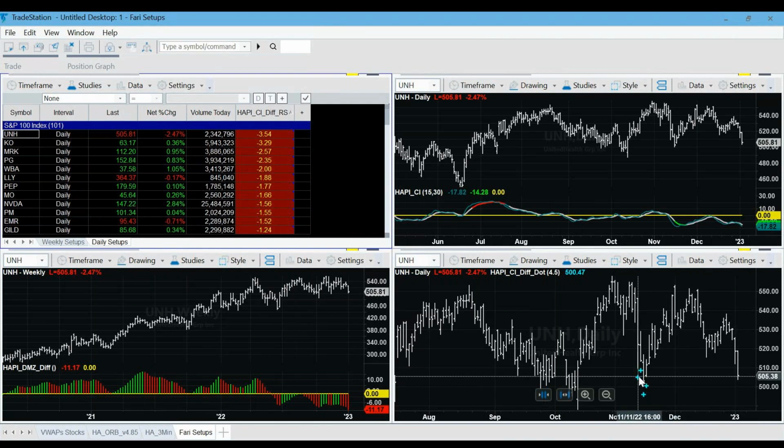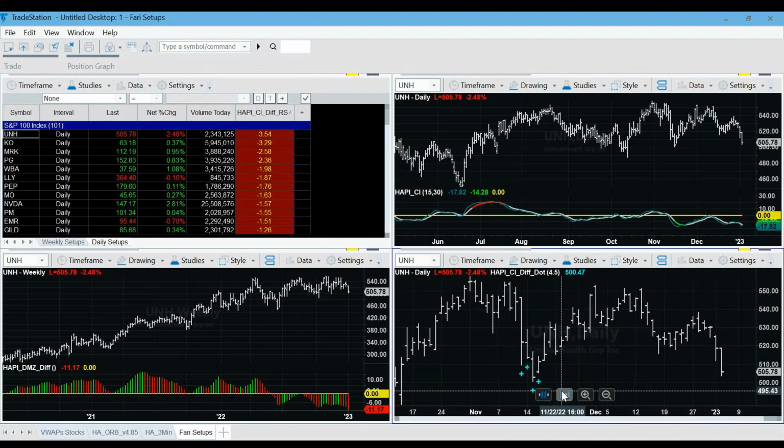But you can see what happens if you bought this day right here and you held it. And what I like to do is pretty simple: buy when you see a dot and sell the next time you see the close of a bar get over the prior day's high.